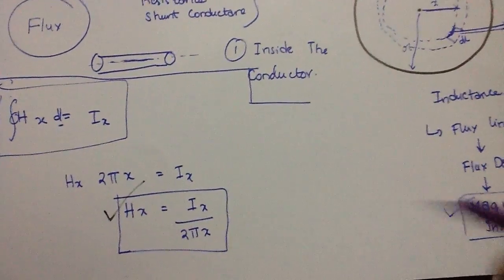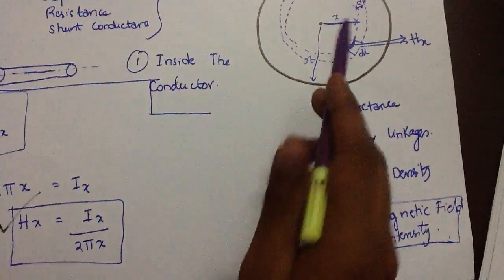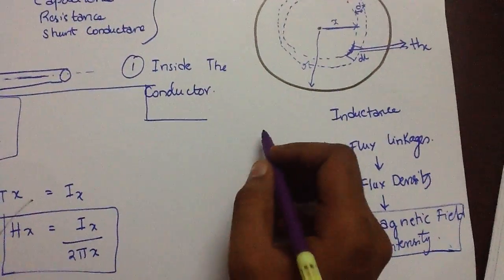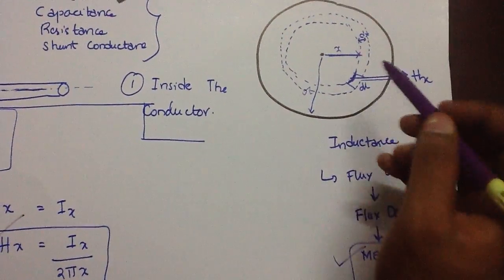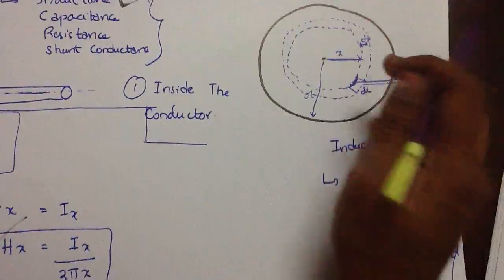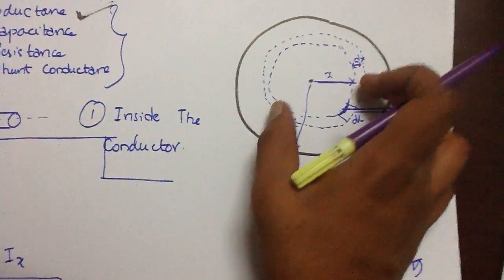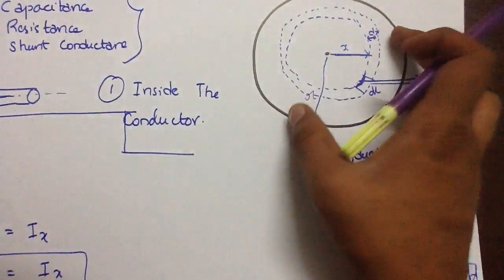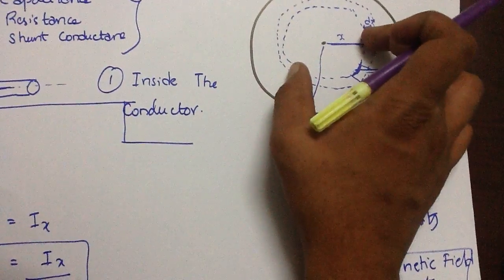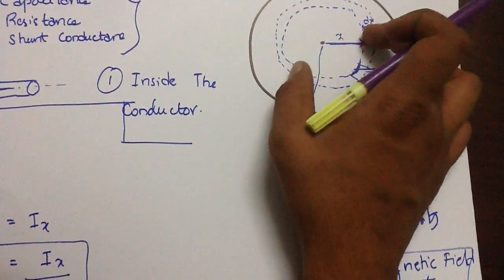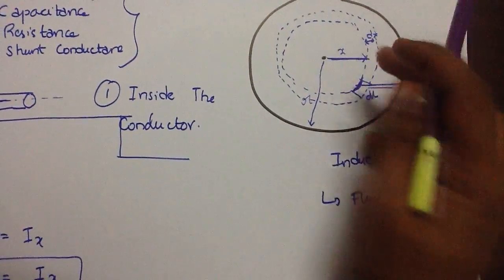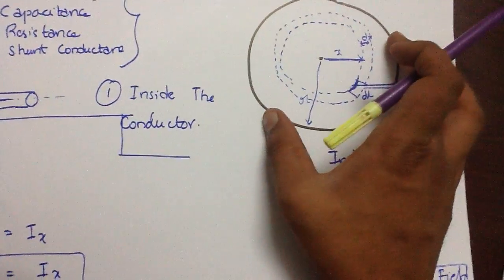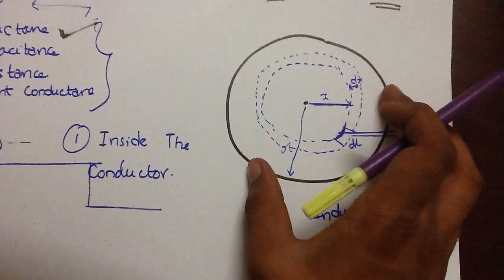Now, the next thing you need to calculate is, consider this whole conductor. There is a current passing in it, and consider the smaller part of radius x and the whole of radius r. The smaller part of radius x, even that part carries a current, and the current carried in this part and the whole conductor is different.